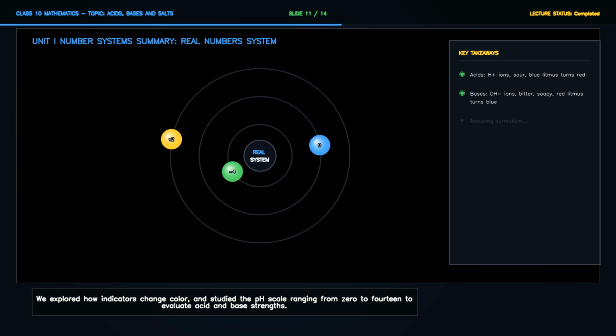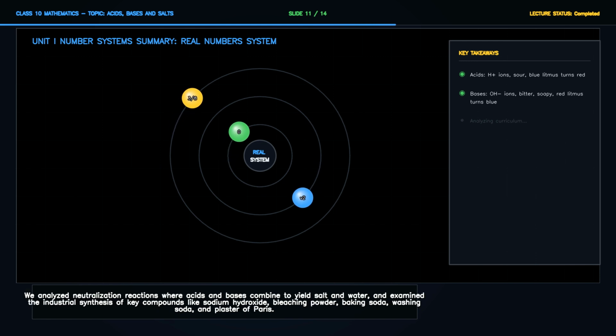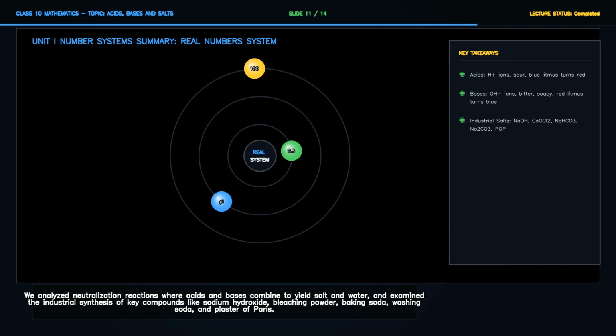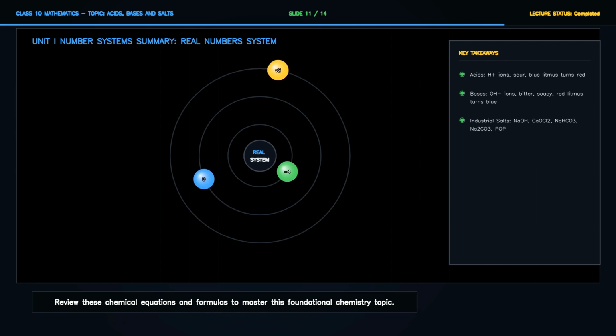We analyzed neutralization reactions where acids and bases combine to yield salt and water, and examined the industrial synthesis of key compounds like sodium hydroxide, bleaching powder, baking soda, washing soda, and plaster of Paris. Review these chemical equations and formulas to master this foundational chemistry topic.